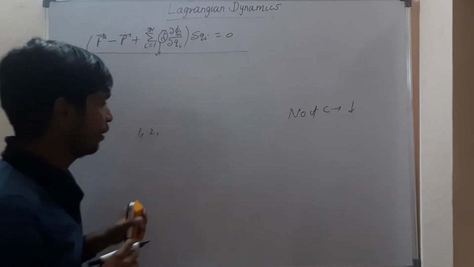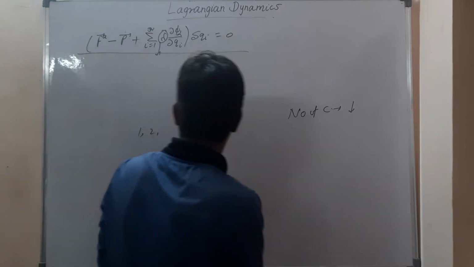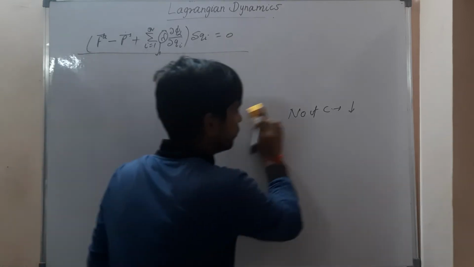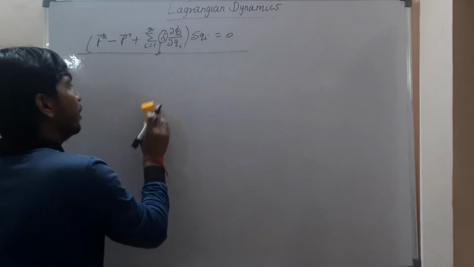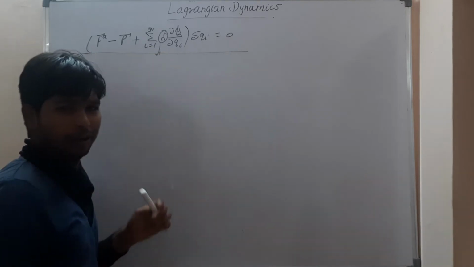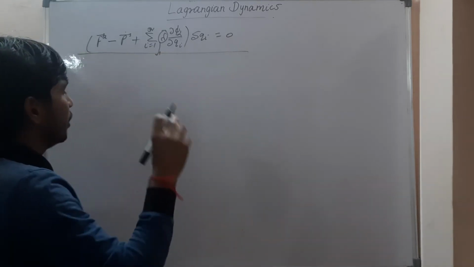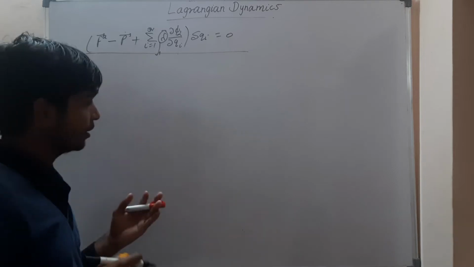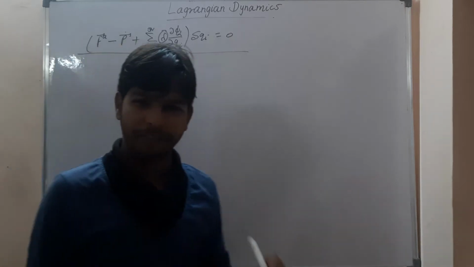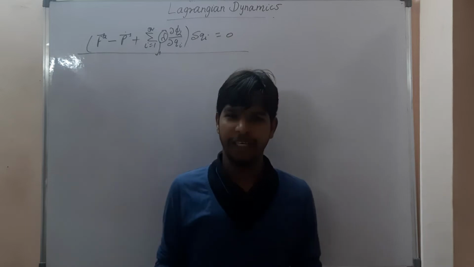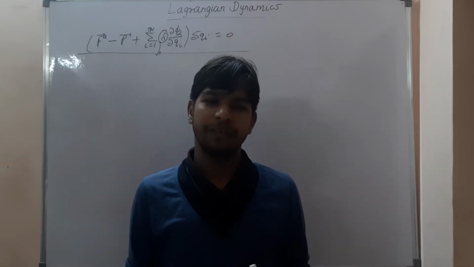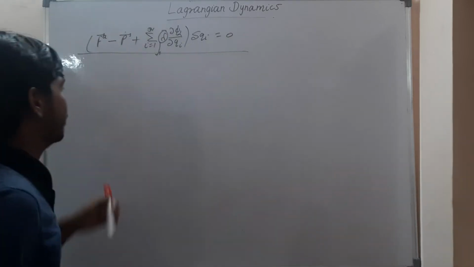But what if the number of constraints is more in any function? That time it will be difficult, because for each constraint we have to imagine a lambda value and keep it accordingly. That is tedious work, difficult to solve, and it takes time also. So that is a disadvantage.